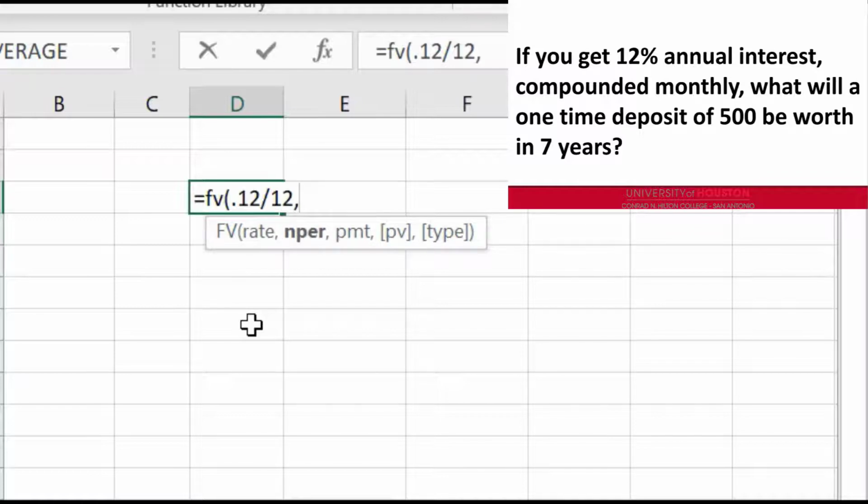The number of periods is 7 years, but again, we need to adjust that because there's 12 months in the year. So we'll multiply that 7 years times 12. There are no payments, and we said we were putting in $500 today.